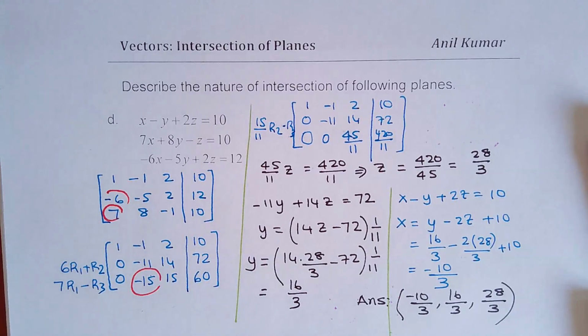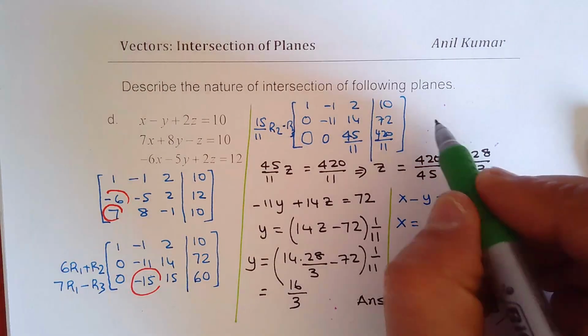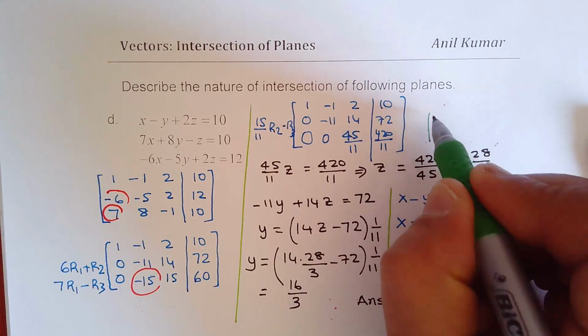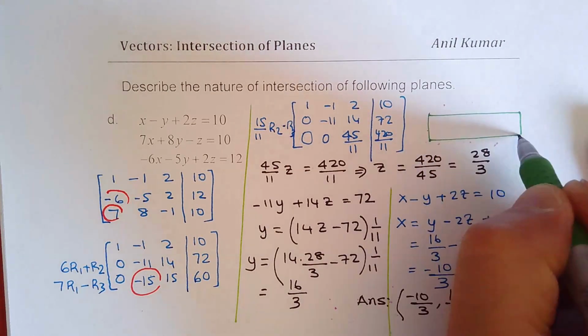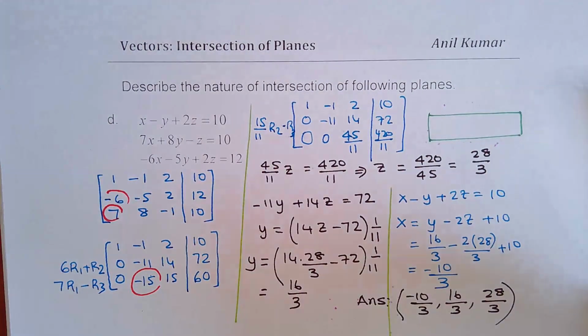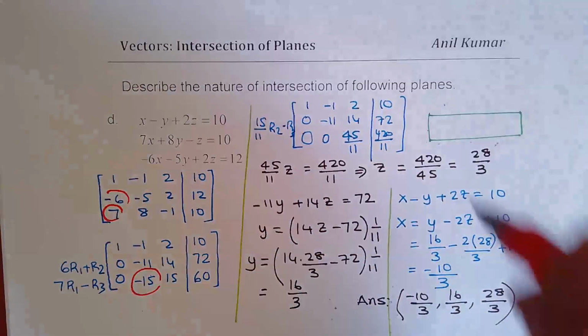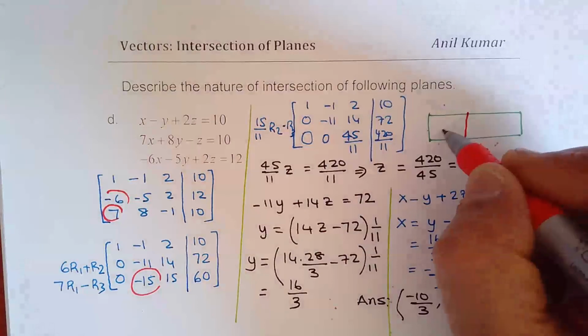At times in your test, it may be required to show the planes intersection diagram also. So you could do it something like this. Let's say these are the two planes which will intersect in a line. So plane 1 drawn in green, the plane 2. Let me just sketch it like this.